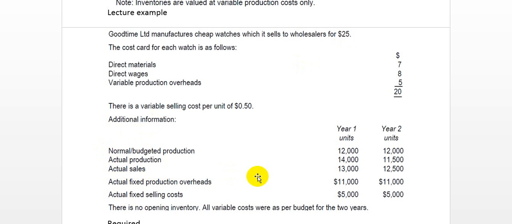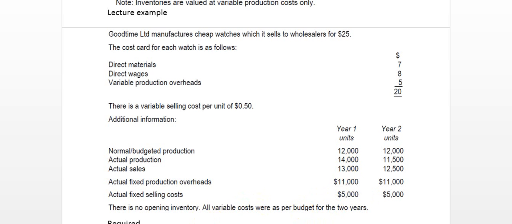Actual sales, you've got 13,000 units. So 25 times 13,000 units were the actual watches sold in year 1. There was no opening inventory, so the opening inventory will be nil.